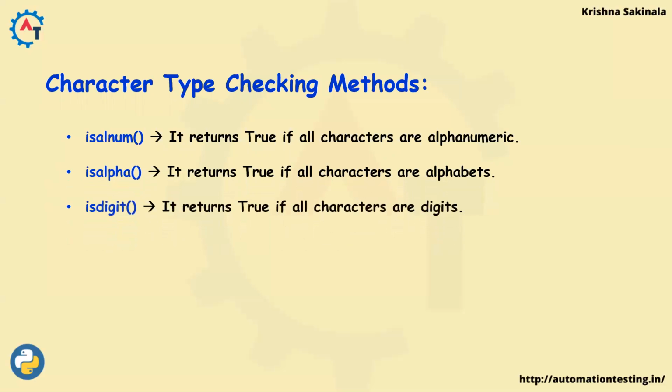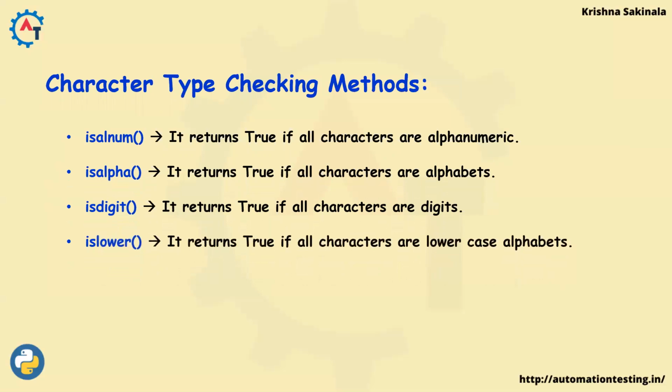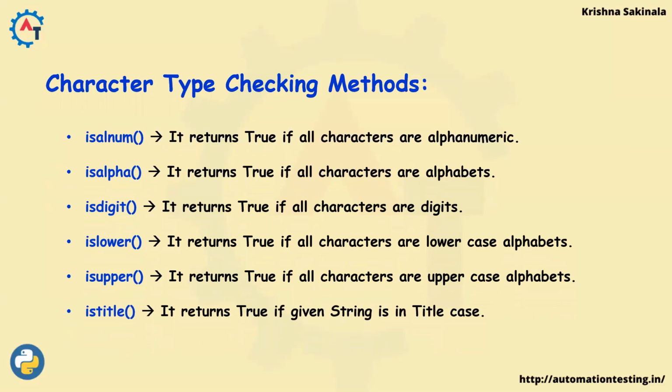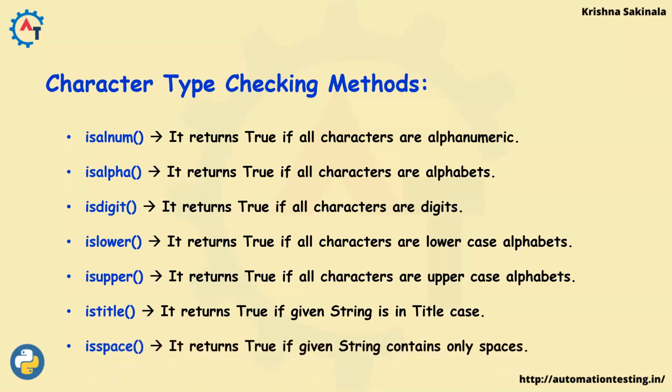If everything is digits, you need to use isdigit. Islower returns true if all characters are lowercase alphabets. Isupper means it returns true if all characters are uppercase. Istitle: if the string is in title case, then it will give you true. Isspace returns true if the given string contains only spaces.